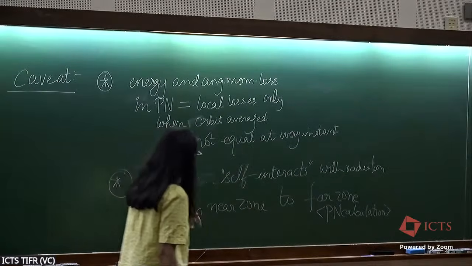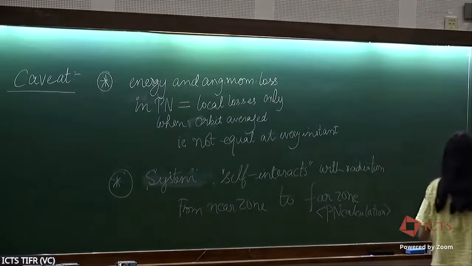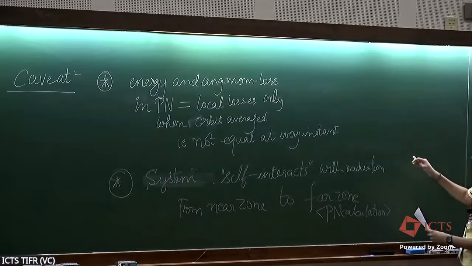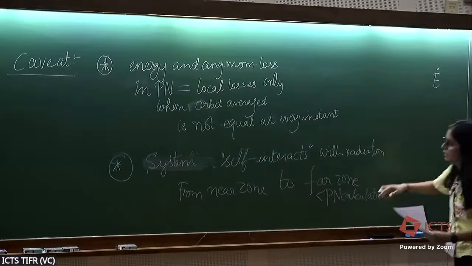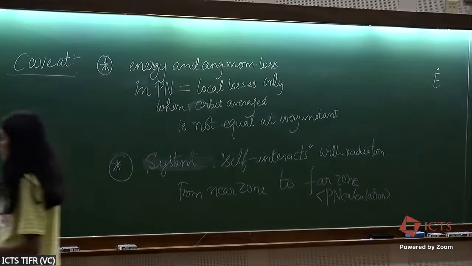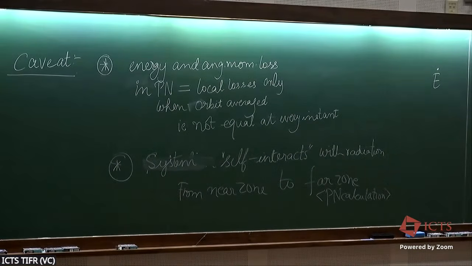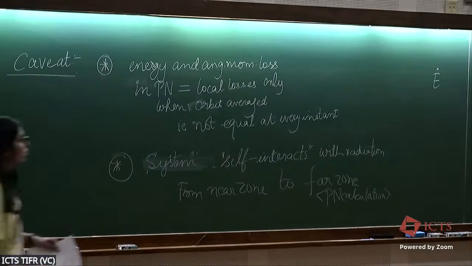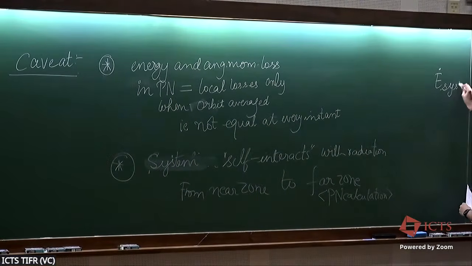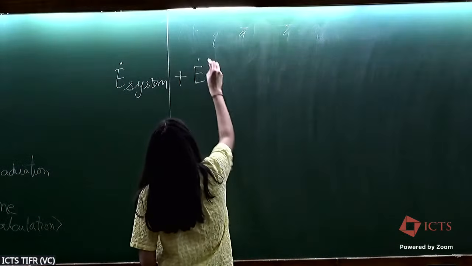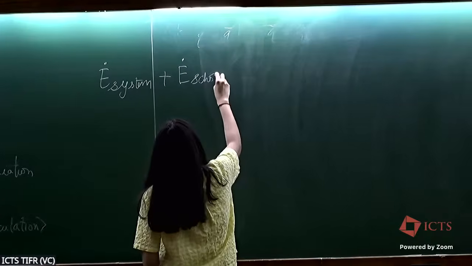So if they are not equal, there comes a term in addition to make it equal, where we say that E dot, which is the E dot calculated locally, and these energy and the angular momentum losses are of the system. So E dot of system plus E short.